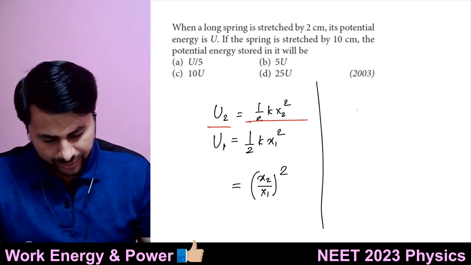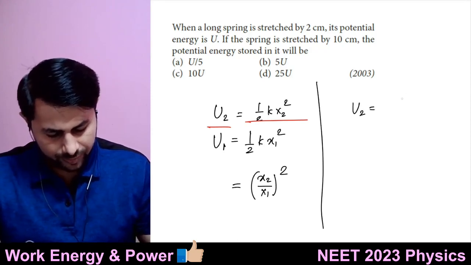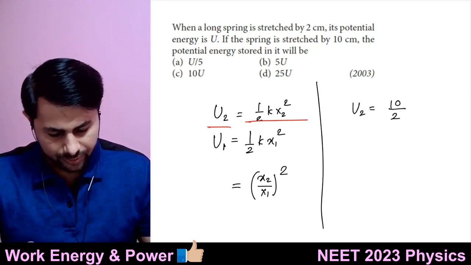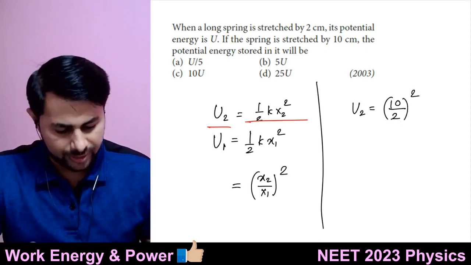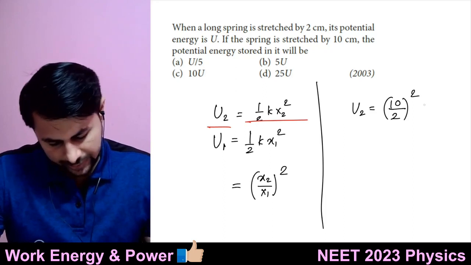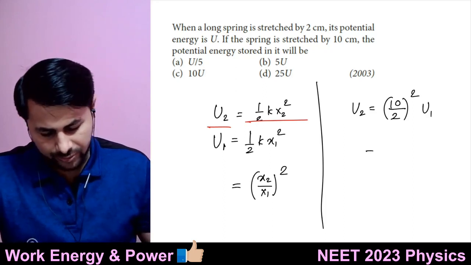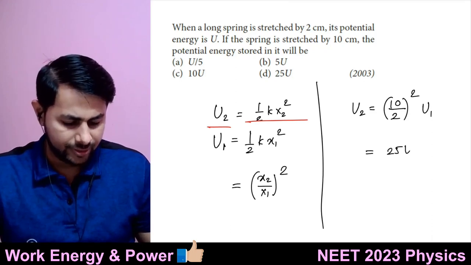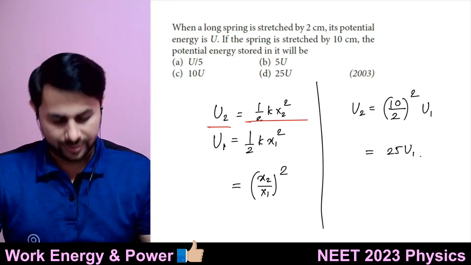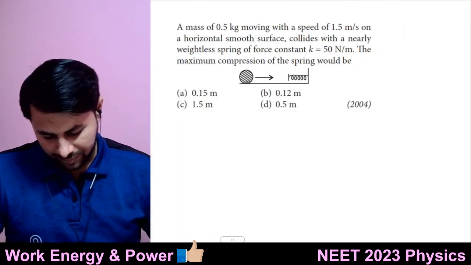So you get U2 equals 10 by 2 squared, times U1. So it is 5 squared, 25 times U1. This is the answer. Next question.